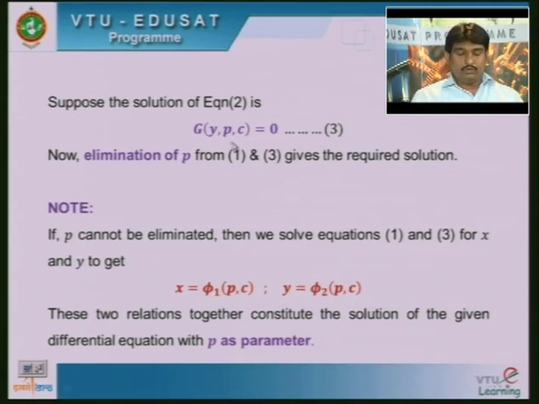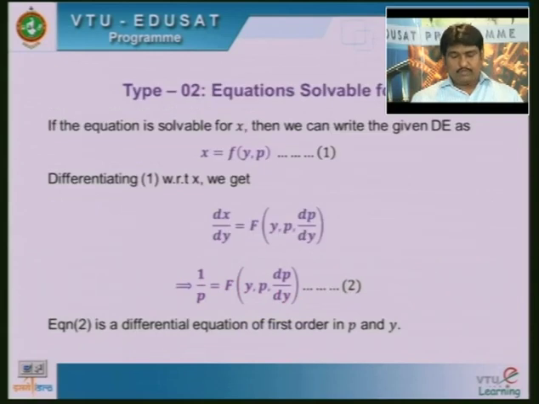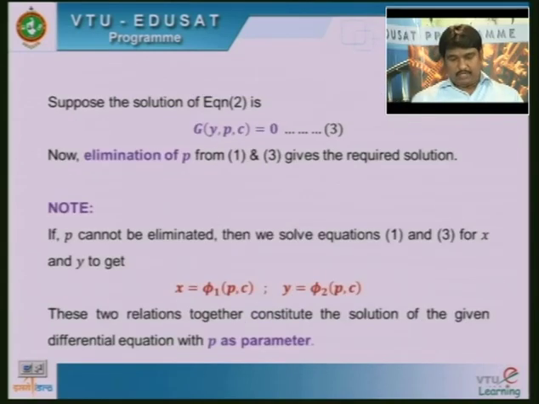Now you have to eliminate p from equation 1. Equation 1 is x equals to f of y, p, and equation 3 is the solution of equation 2, g of y, p, c equals to 0. If you eliminate p, you will be left with only x and y and the arbitrary constant c, which is the general solution of the given differential equation.